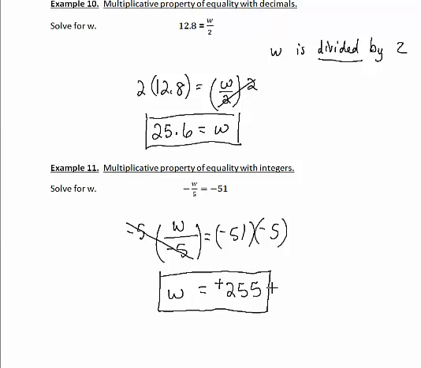Again, you could always plug the number back into the original equation. W over negative 5, and now I plug in a positive 255. I didn't write the plus sign.